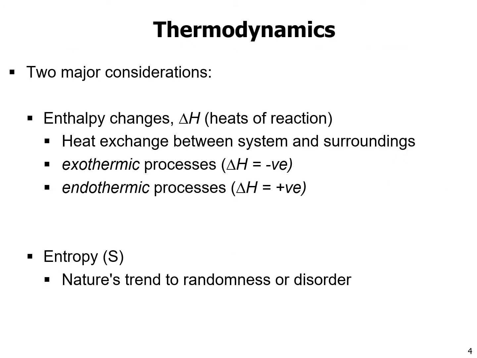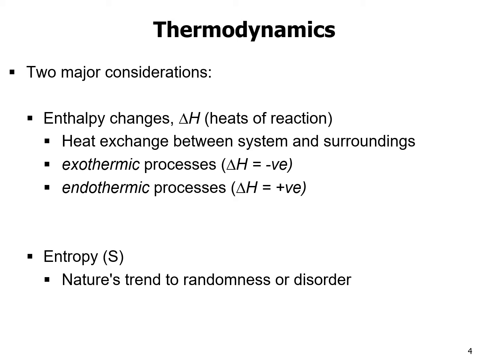Another concept that you have seen before is enthalpy. What is enthalpy? Enthalpy is just the change in the energy, or the heat, of a reaction. During a chemical process, either energy is absorbed or energy is released. What is an exothermic process? What is an endothermic process?